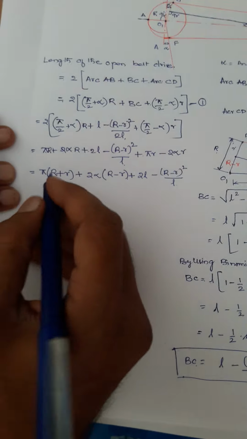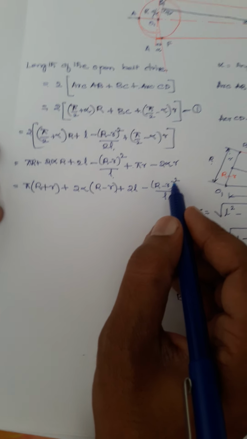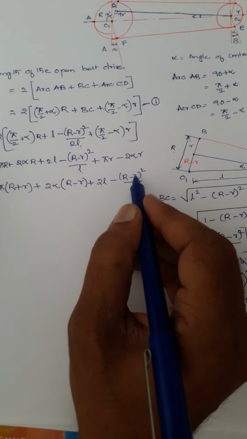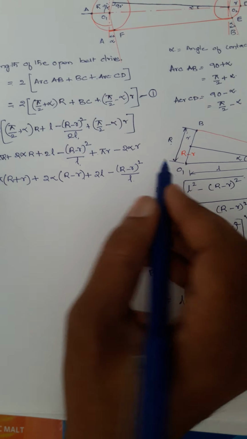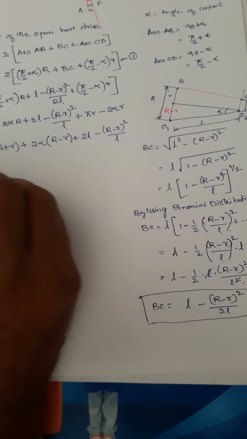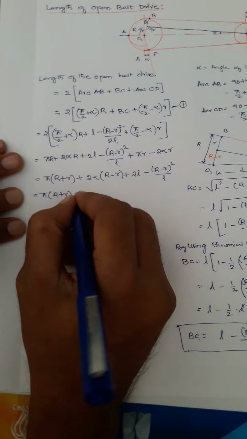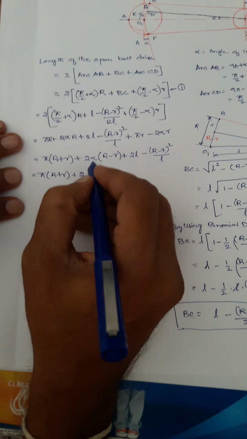Now I will rewrite the same equation. R square minus r square is nothing but R minus r into R plus r. So that is, I'll rewrite this as pi into R plus r plus 2 into alpha value.